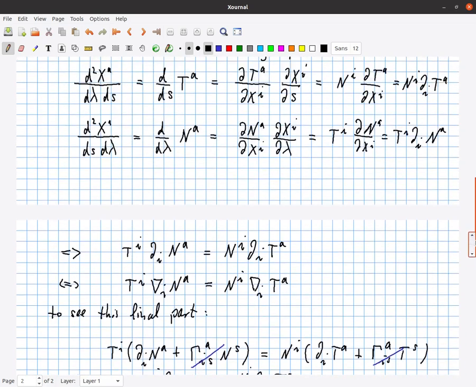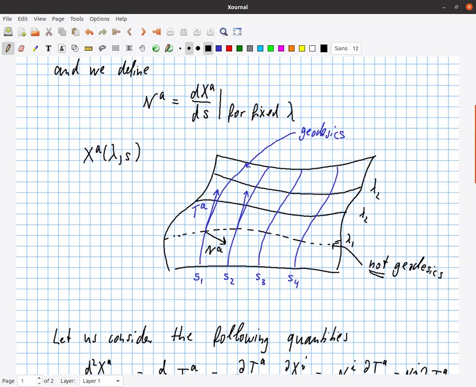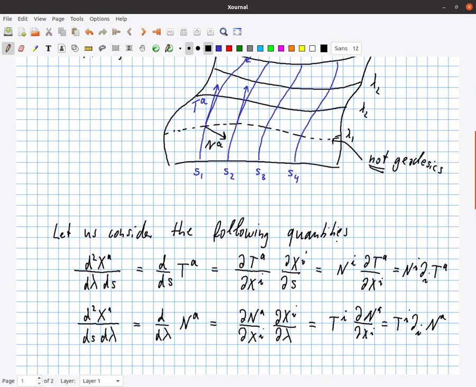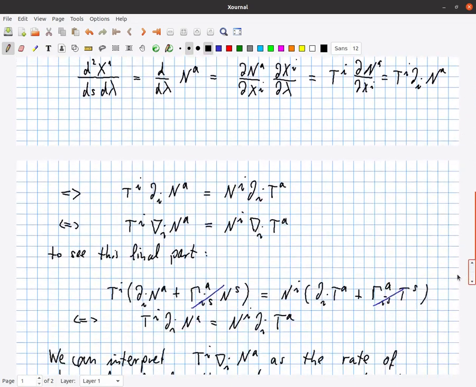And while I haven't said this really explicitly, you should really imagine the distance between those different geodesics to be infinitesimal. Otherwise, arguments of this type wouldn't really work. So we are really considering infinitesimally nearby geodesics.